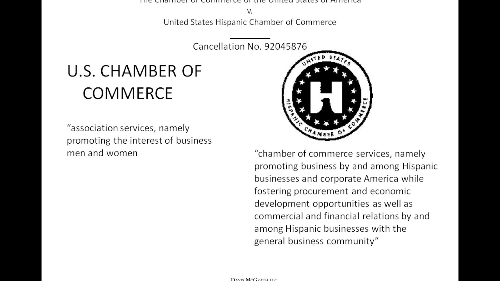And so, since they had this history of working together, ultimately, this factor weighed in their favor, and ultimately the board found that there was no likelihood of confusion and denied petitioner the cancellation petition.